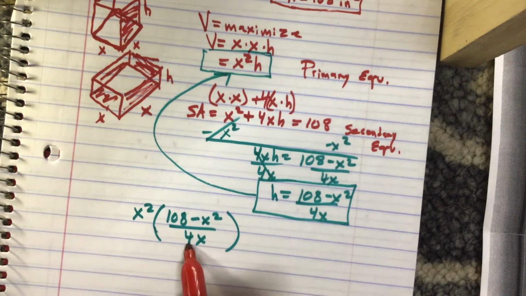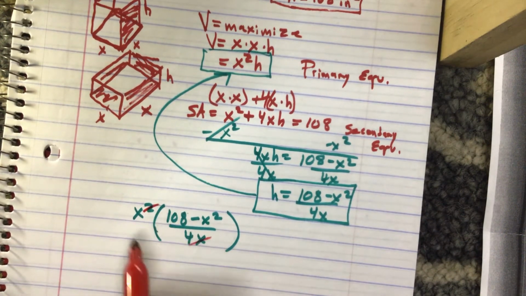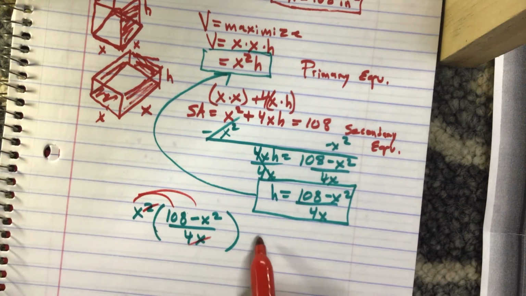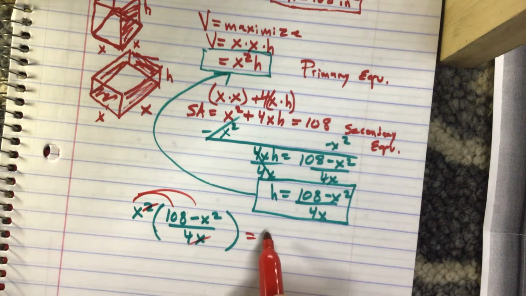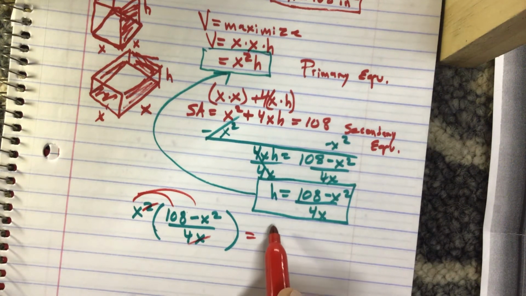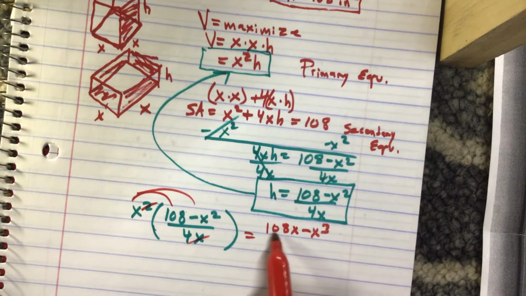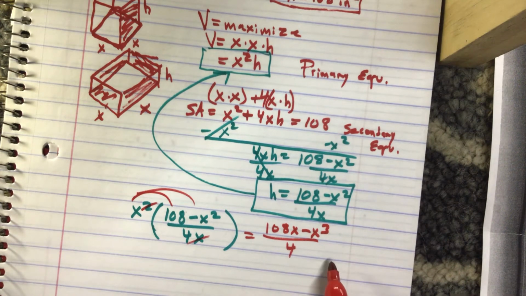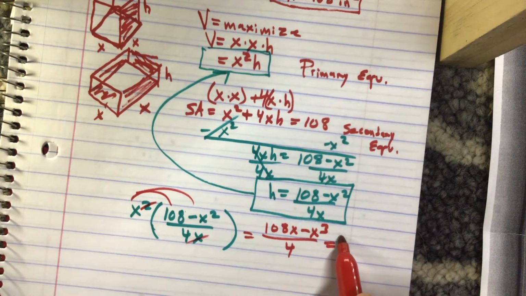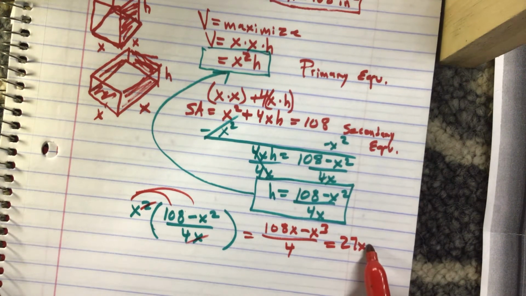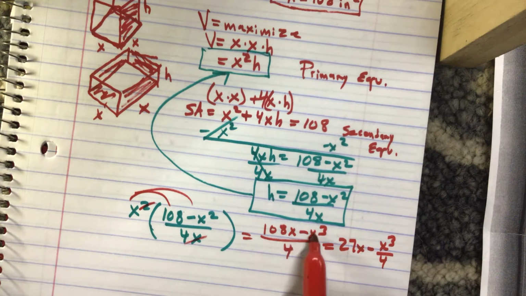I can cancel this x with one of these and then distribute, and I would get 108x minus x cubed over 4. Another way to write that, if I divide these, is 27x minus x cubed over 4. Remember, the 4 goes with each of these, so we have to divide that by 4 and that by 4.